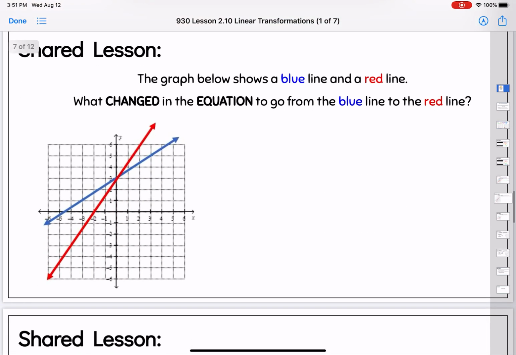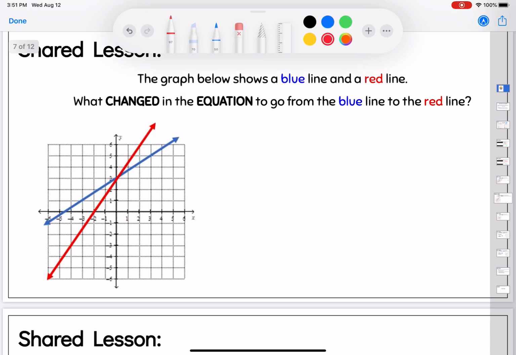So take a look at this one then. Here again, blue and red line. What changed in the equation to go from blue to red? So blue is the original, red's the new one. What happened to go from blue to red? On this one I see they are both crossing the y-axis at the same place.